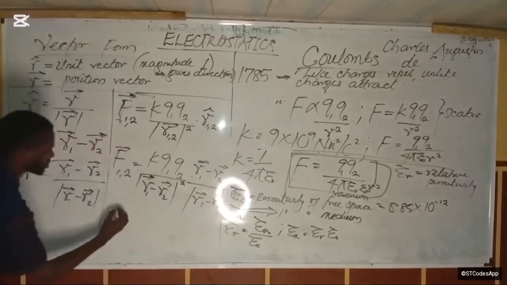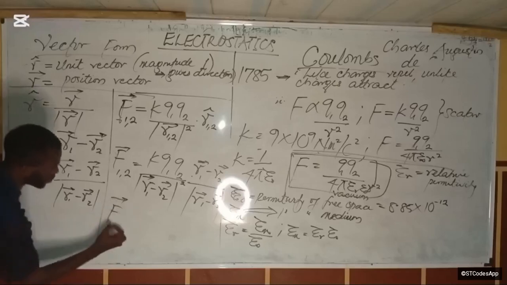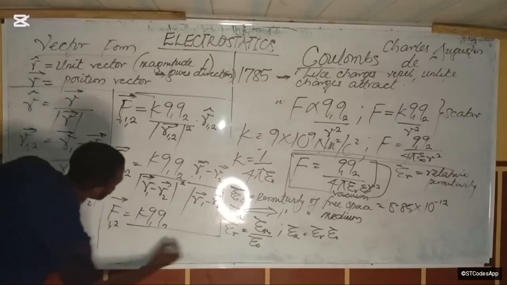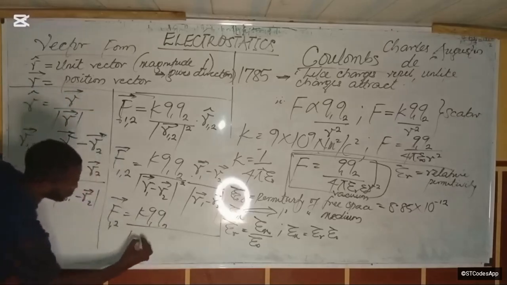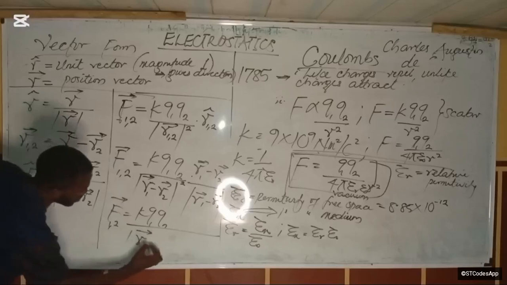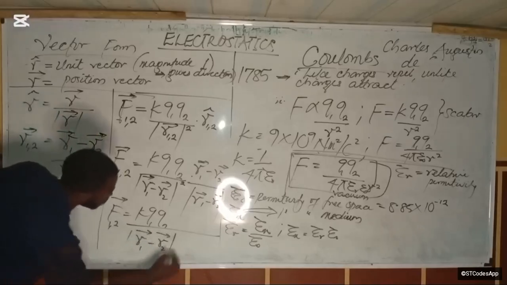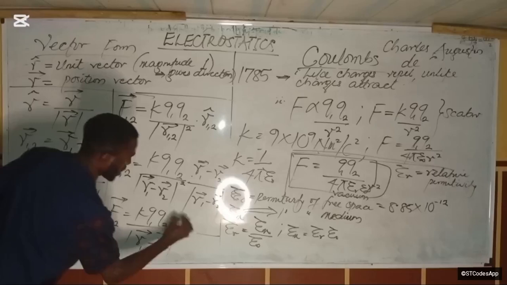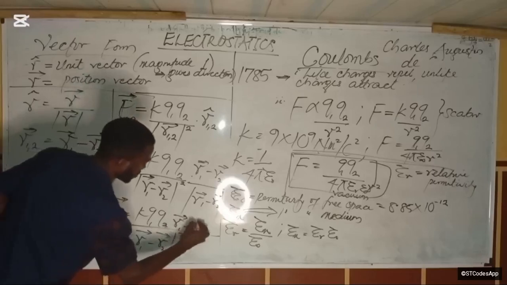So by the time I multiply this, our force on 1 due to 2 becomes KQ1Q2 all over the magnitude of R1 minus R2 all cubed, dot R1 R2.